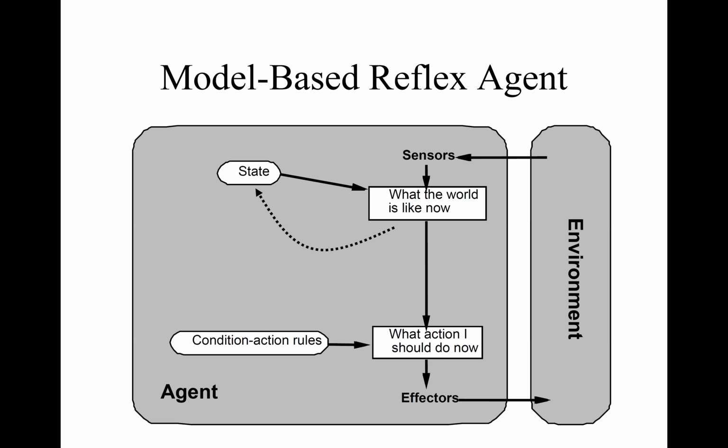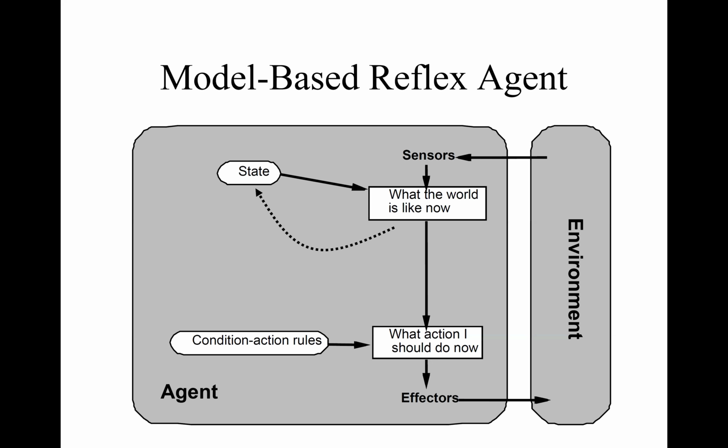This is a model-based reflex agent. What's different here is that the raw percepts are not what the condition action rules directly act on. Instead, there's this extra loop where we develop some sense of state. State means what's going on in the world, right?